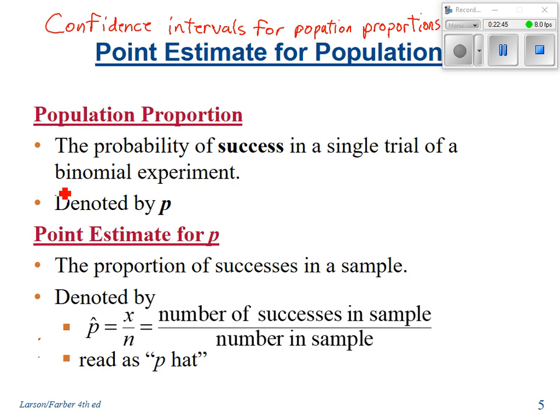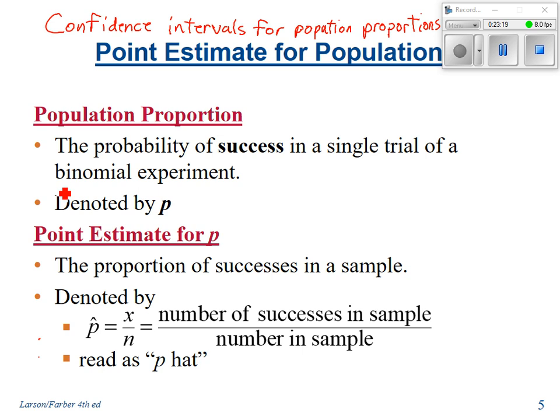If you wrote sample proportion, I would accept that. You find P hat, and a lot of these you're going to have to find P hat yourself, by taking X, the number of successes, divided by N, the total number in the sample.